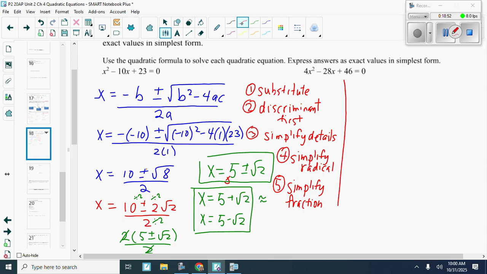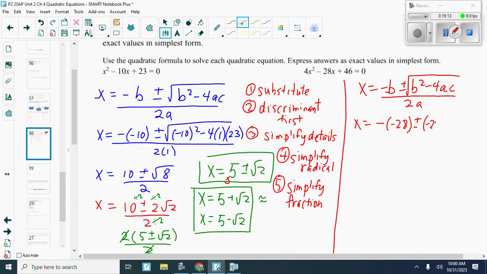In this one, we have x is equal to negative b plus or minus the square root of b squared minus 4ac, all over 2a. x is equal to negative negative 28, plus or minus the square root of negative 28 squared minus 4 times 4 times 46, all over 2 times 4.